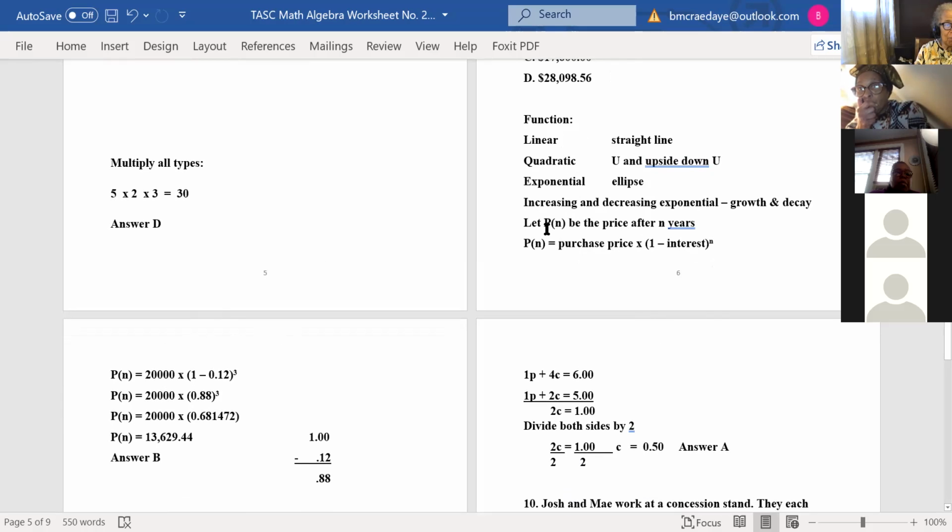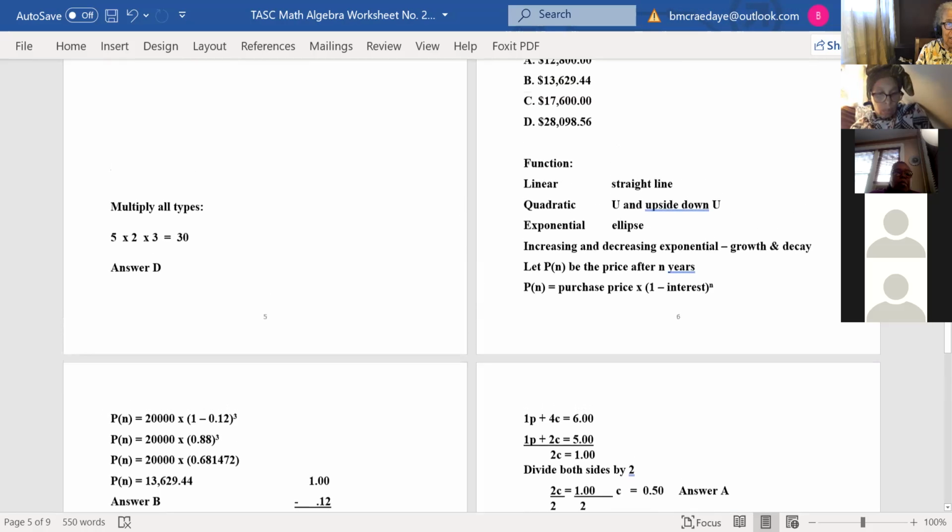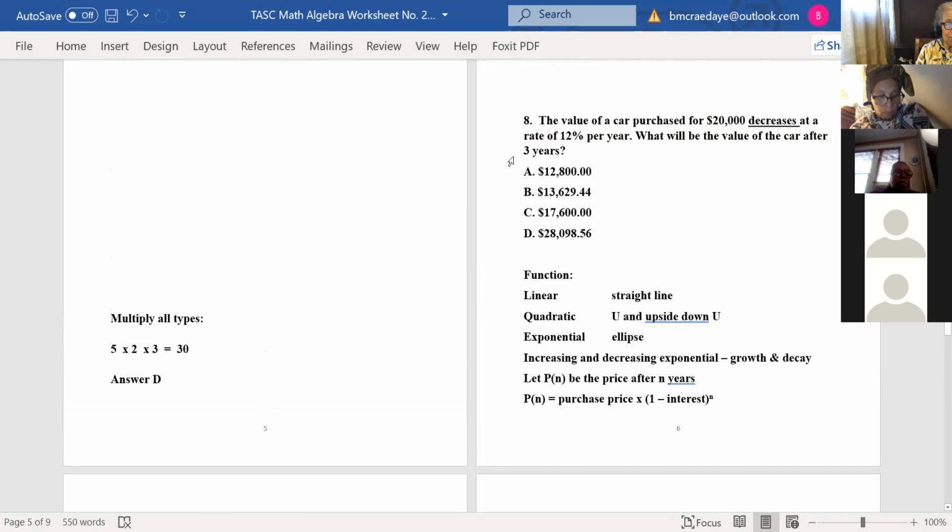You multiply the price you paid for it, that's the purchase price, and since it's decreasing, we have 1 minus 0.12, that's decreasing 12% a year, and that gives us 0.88. Raise that to the third power, because the problem said 3 years. So the value of the car after 3 years, that's the power we raise that difference to.